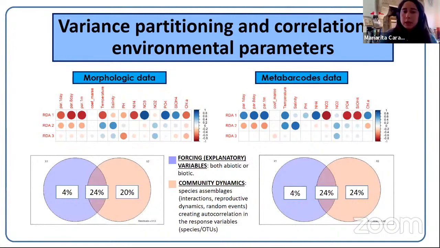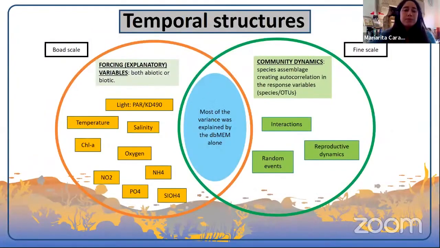What does all this mean? It means that our temporal structures are related to both abiotic and biotic parameters. On one side, the abiotic parameters, the selected environmental parameters, are more able to explain those temporal structures that happen on a broad, larger scale.